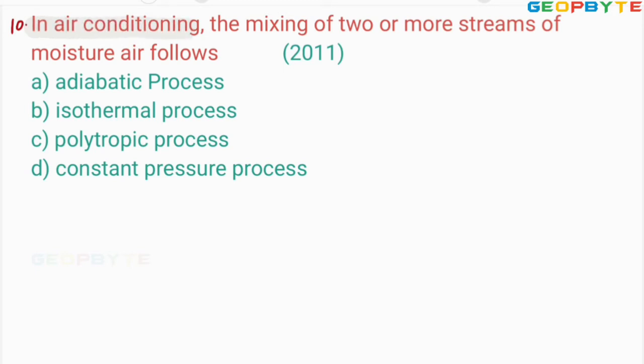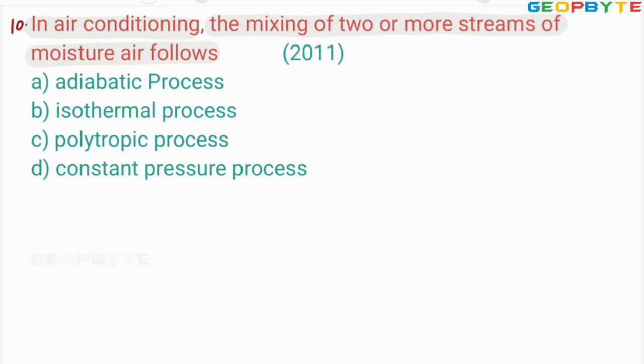In air conditioning, the mixture of 2 or more streams of moist air follows. Dear friends, remember, in case of large AC units, generally air is recirculated and a part of the air is taken from the atmosphere as fresh air.